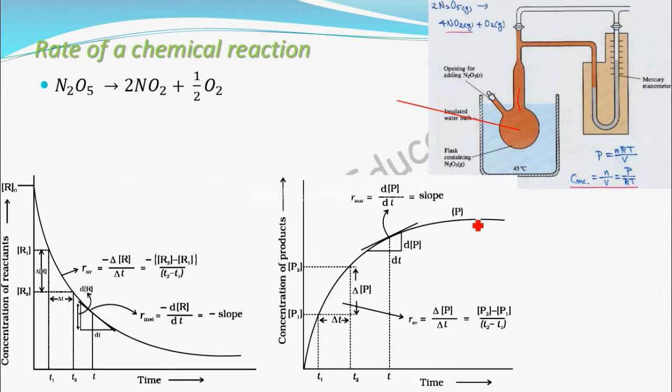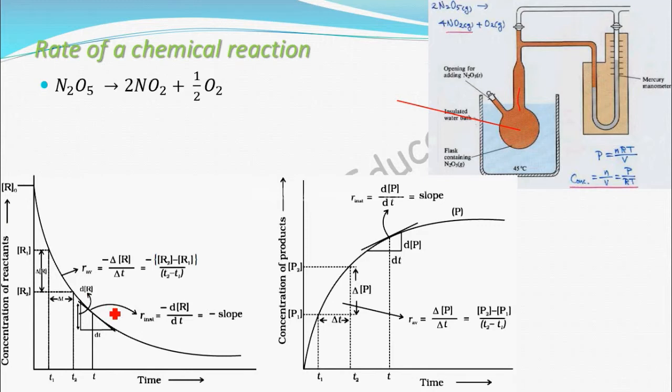Now see, what is the rate of reaction? Rate of reaction is the change in concentration of reactant or product in unit time. For reactant, concentration is decreasing.